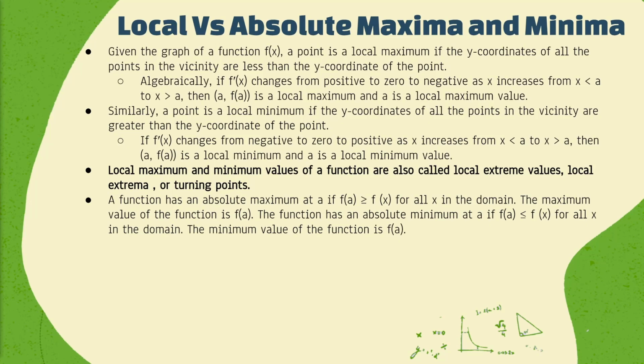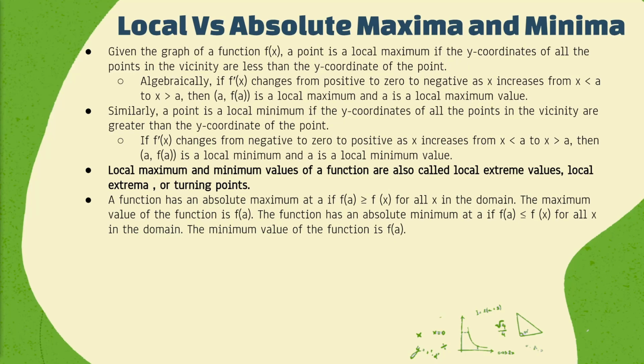Again, if you want to prove this algebraically, you'd have to see how f prime of x changes. If f prime of x changes from a negative slope to 0 to a positive slope as x increases between 2 points, then the point at a, f at a, is the local minimum, and a is the local minimum value.